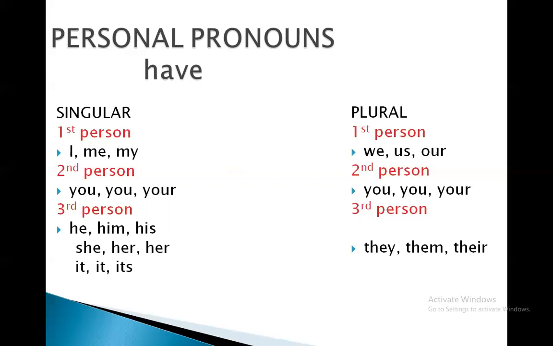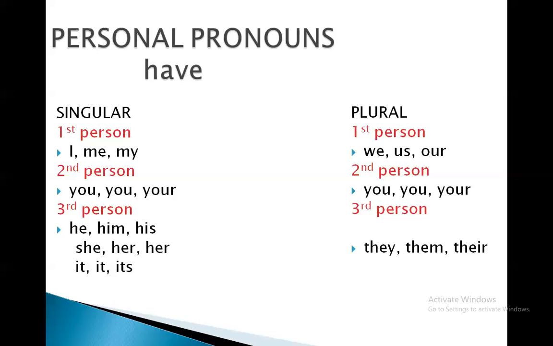Here, once again, you have a complete idea on personal pronouns, singular and plural. First person singular are I, me, my. Second person singulars are you, your, which are both singular as well as plural.